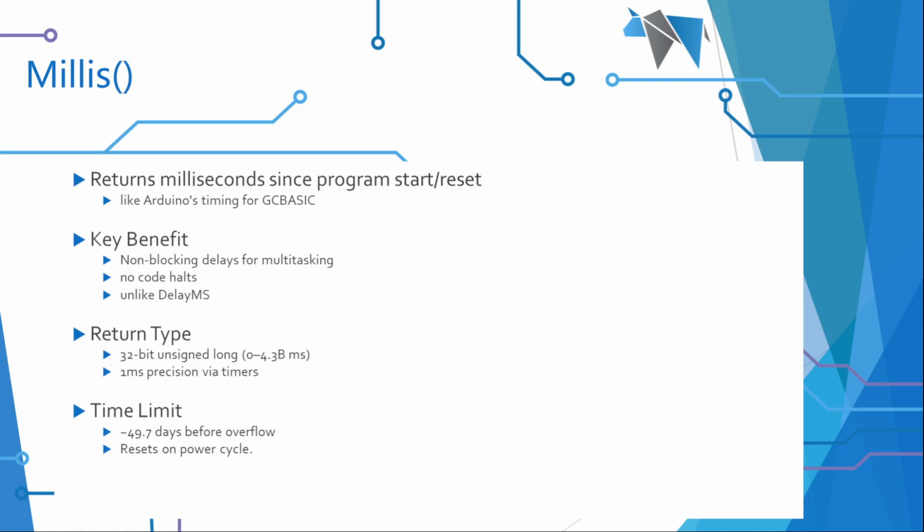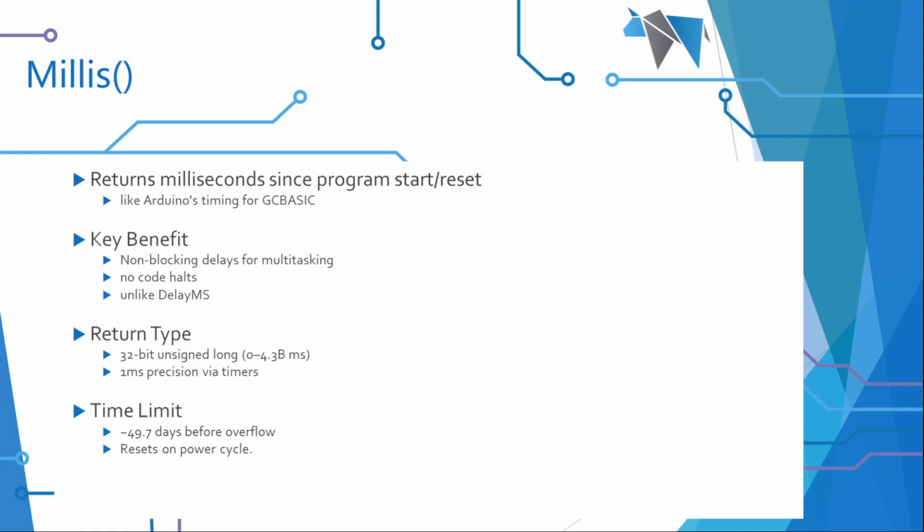It returns an unsigned long number, equivalent to 4.3 billion milliseconds, and it's got a precision of about 1 millisecond via the timer. These are internal clocks, so buyer beware. If you can get a better clock on it, then great, but generally we're using the internal clock to get the cycles.